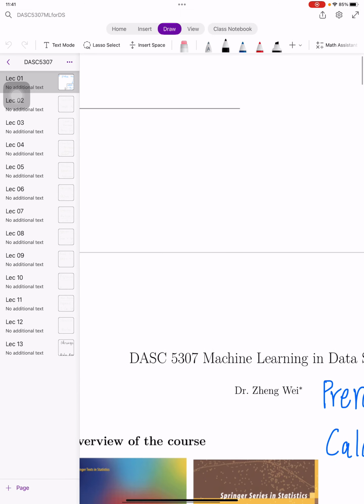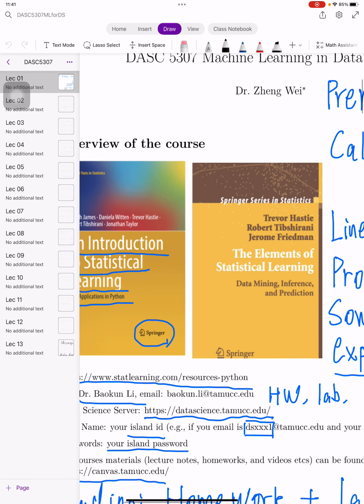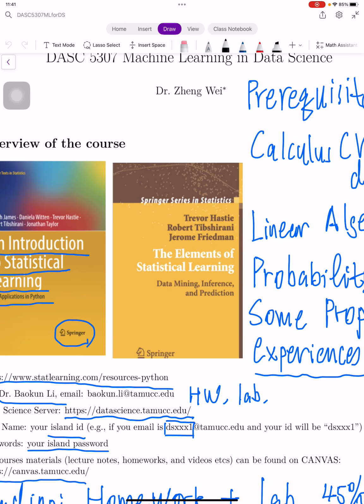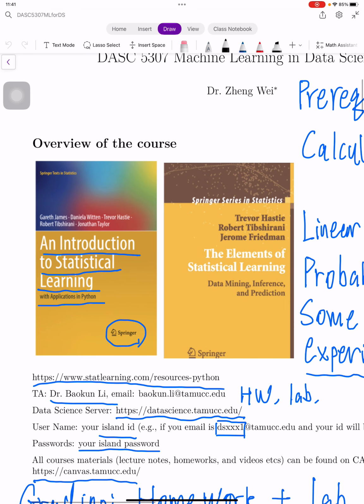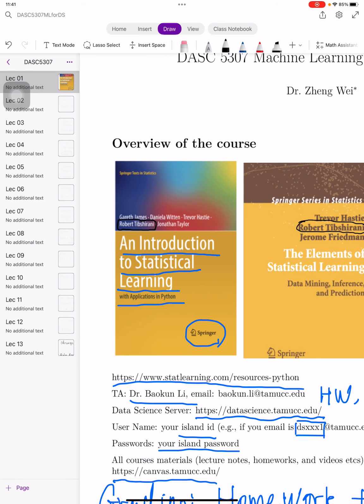Remember, one of the authors in both reference books is Robert Tibshirani. So this is the method proposed by this famous statistician.